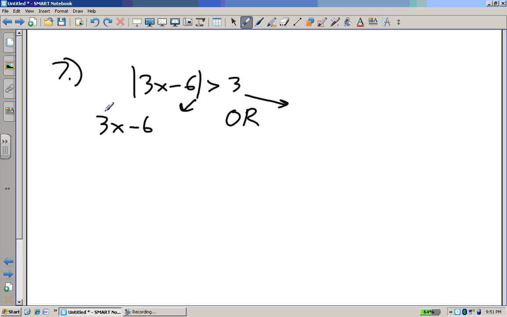So no more of these absolute value signs. So 3x minus 6 is greater than 3, no absolute value signs. Or 3x minus 6 is less than negative 3, and we have the dark, mysterious world, negative 3. We have to switch the inequality symbol.